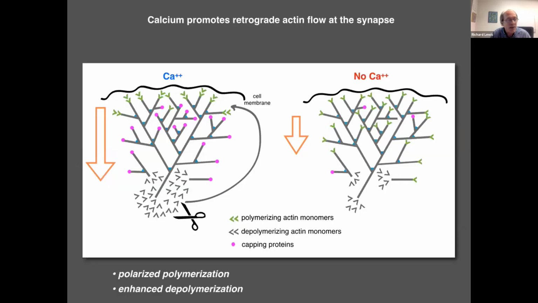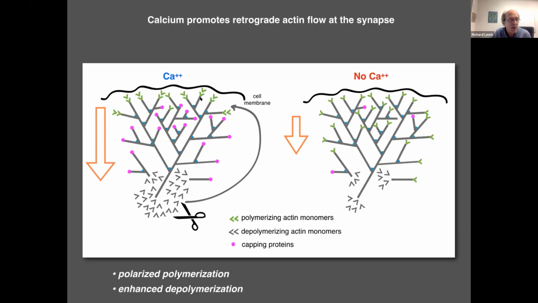Now, we haven't worked out the details of the mechanism yet, but we found that calcium increases actin depolymerization, which provides a source of free monomeric actin, while suppressing polymerization in the lamella and confining polymerization to the outer edge of the synapse.